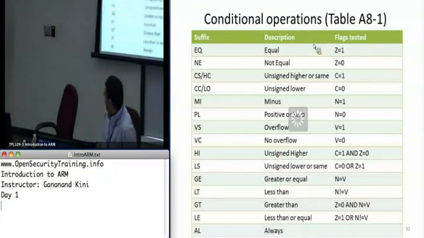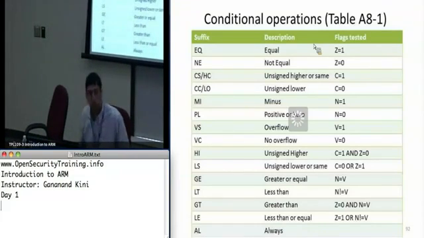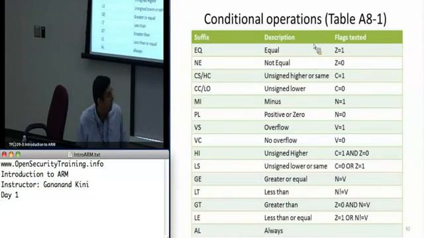And this is meant to optimize performance, because you can do branch prediction and things like that much better if you have the conditions. So this actually helps in that regard, which is why they have these conditional suffixes.